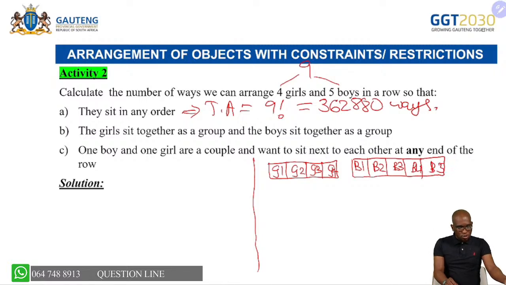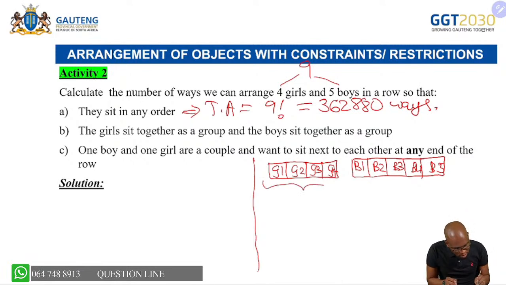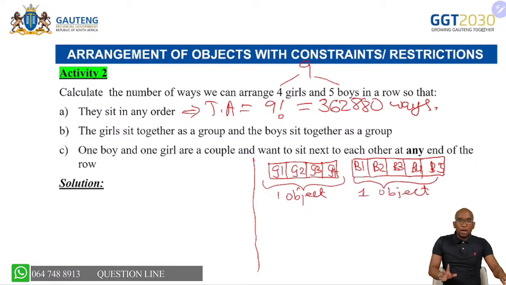So they sit together as a group as well, which means that when you move the girls, they have to move as a unit. When you move the boys, they have to move as a unit. So in this case, we said we treat the group as a single object. We have one object here and another one object there. So now if you check, we have 2 objects because we have 2 groups that can interchange position.